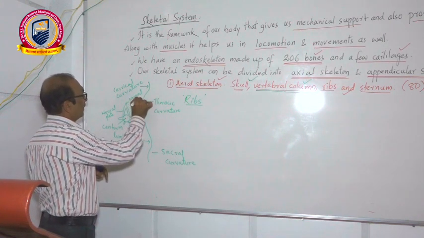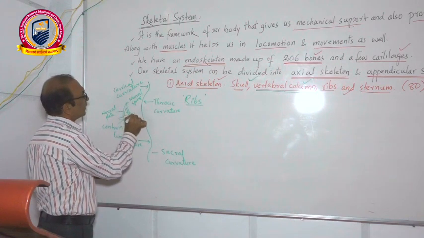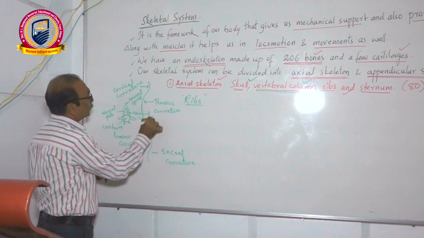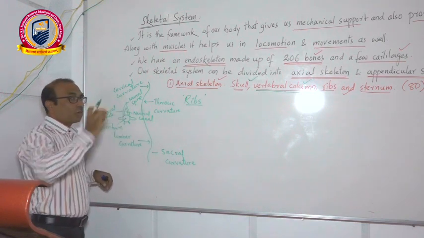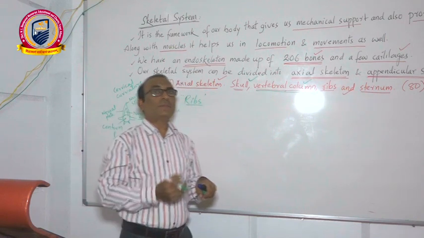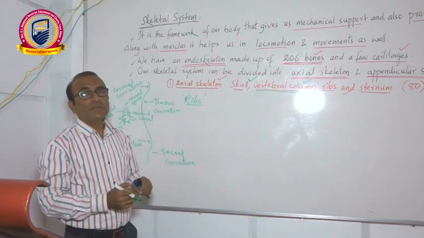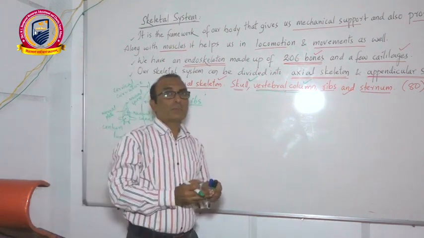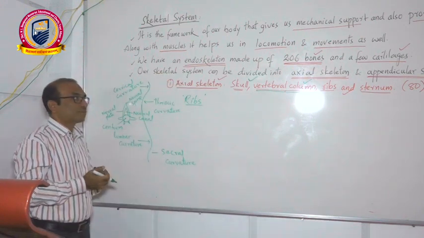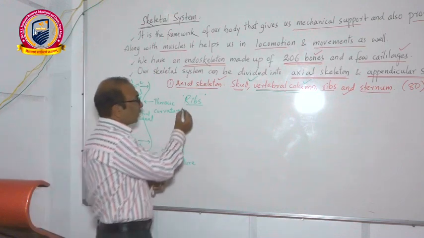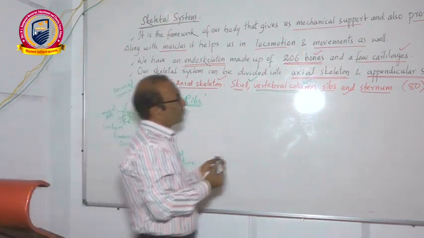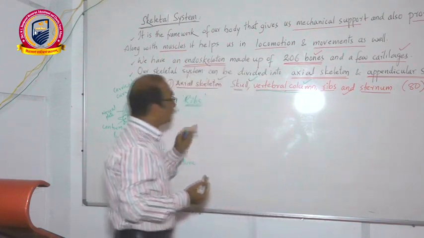Neural spine, and this is the neural canal through which the spinal cord from our brain continues. So that means the vertebral column is also giving protection and support to our spinal cord, part of our central nervous system. So let us now come to the next type of bones in our axial skeleton, ribs.